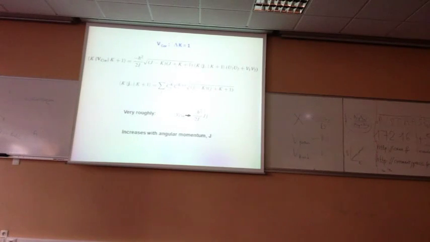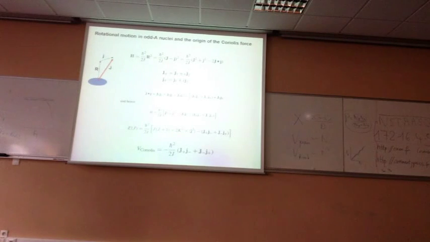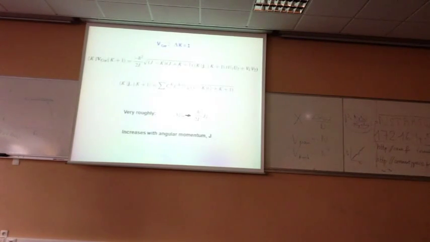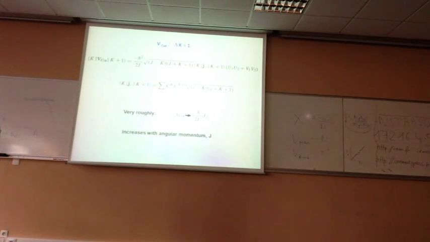Okay, so the total Coriolis matrix element is then minus h bar squared over 2I, the matrix element of big J, which is just that square root, the matrix elements of little j, which I repeat here, and then there's a pairing factor which comes in, and Augusto yesterday talked about these U and V factors, and they affect the matrix element because the particles are really quasi-particles, they're only partly in each orbit.